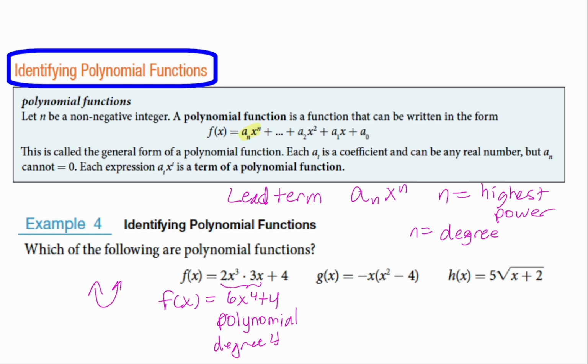Second one here. Let's distribute. We get negative x cubed plus 4x. The lead term is our negative x cubed. So the degree is 3. Yes, it's a polynomial.